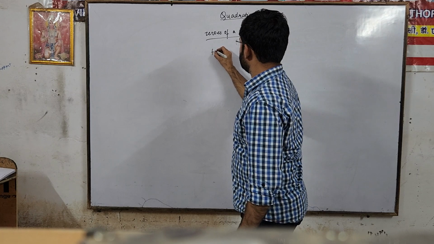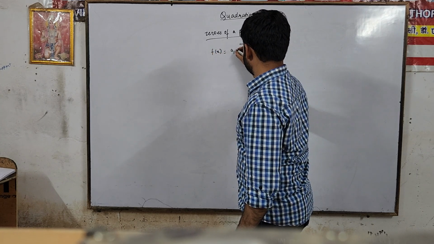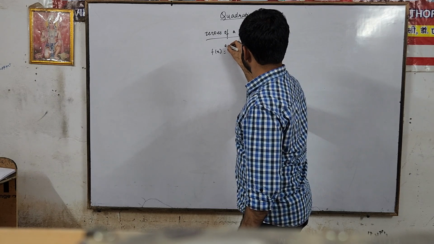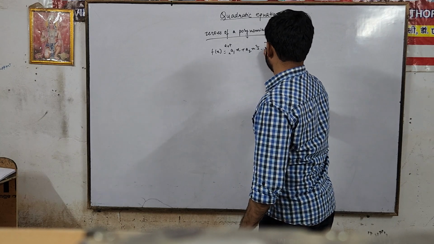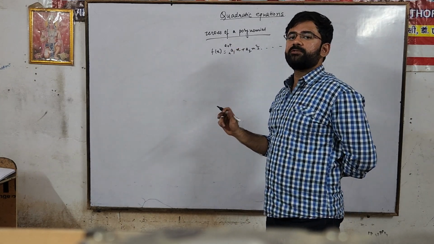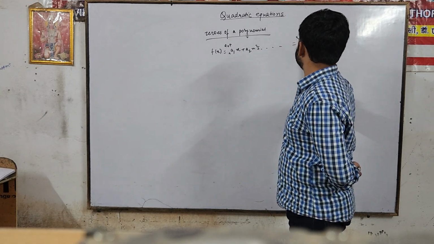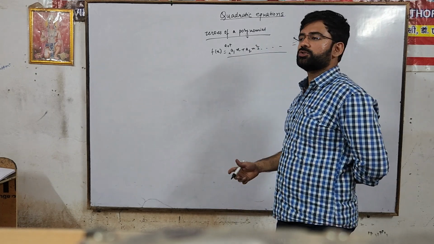So if we have f(x) as, let's say, a_0 plus a_1 x plus a_2 x squared plus further terms, then whatever values of x make this entire expression equal to 0, those values of x are known as the zeros of the polynomial.